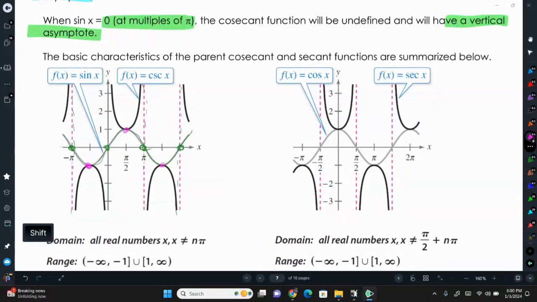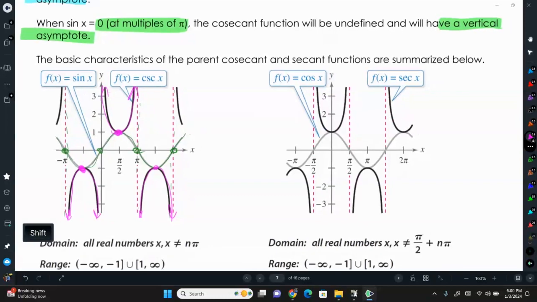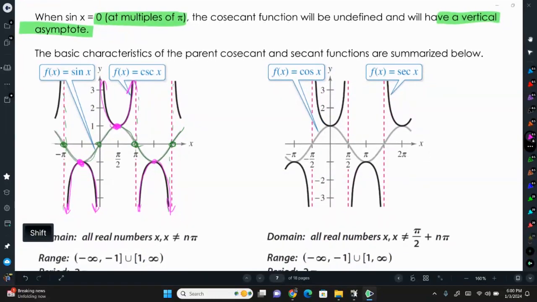So you see right here, we have a minimum of that sine graph, and we have a parabola opening upward away from the midline. Right here, we had a maximum of the corresponding sine graph, and we had another parabola going away from the midline. Here was a minimum, and we have a parabola going away from the midline. And the same thing is true with the secant graph.